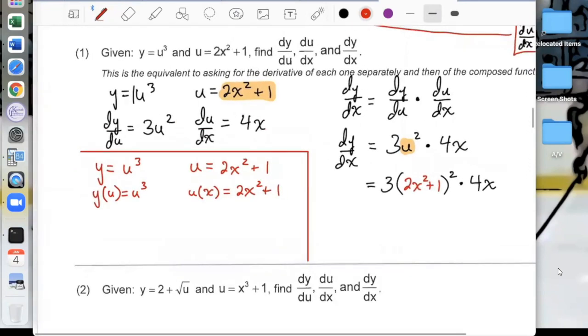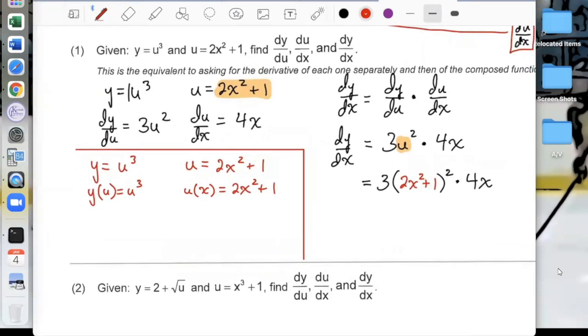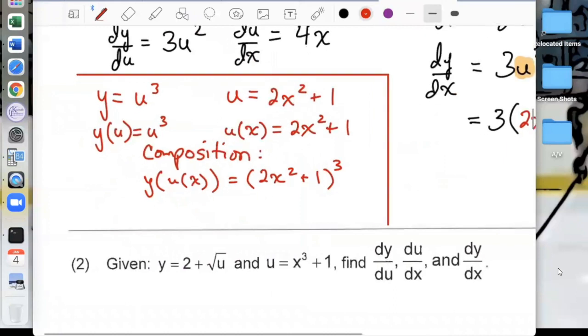So what we would get here is the result of replacing the u with the actual function u of x. This is the composite of the two functions. So the composition, y of u of x, would be equal to 2x squared plus 1 all to the third. And again, that's our algebra 2 component.